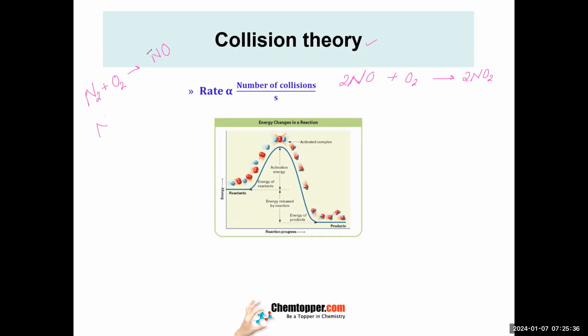Now this NO reacts with O2 further to give you NO2. This NO2 reacts with water and oxygen again, half O2 we can say, giving you HNO3. You can balance the equation. Then this HNO3 comes and gets mixed with soil. In the soil, this nitrate is completely soluble in water.